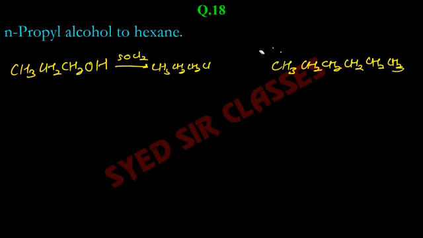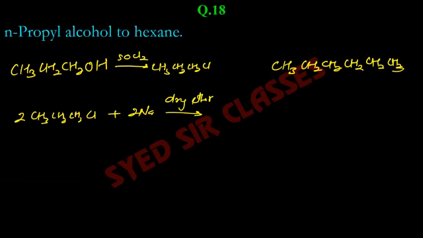You have to show it like after that, second step, twice of CH3CH2CH2Cl plus 2Na in presence of dry ether, and write it is Wurtz reaction.